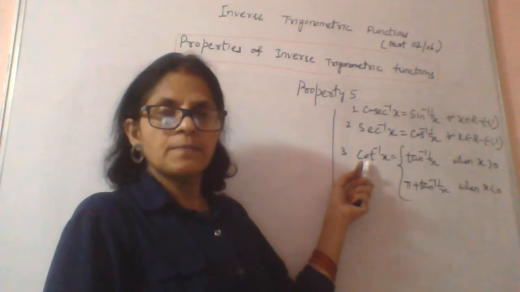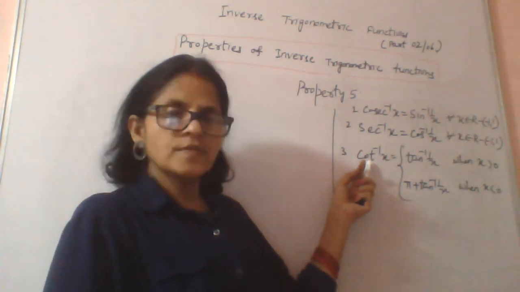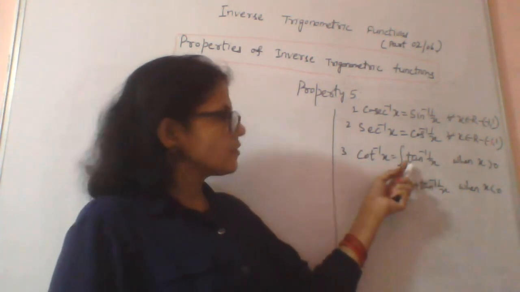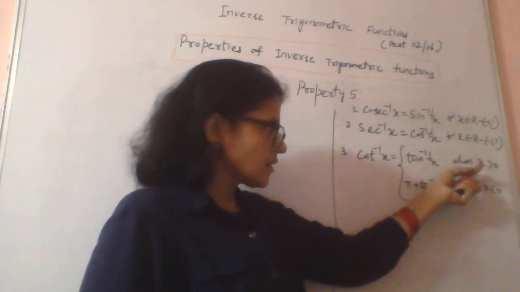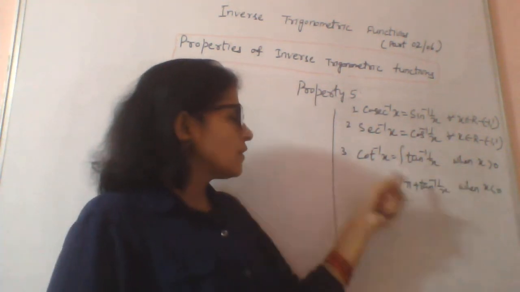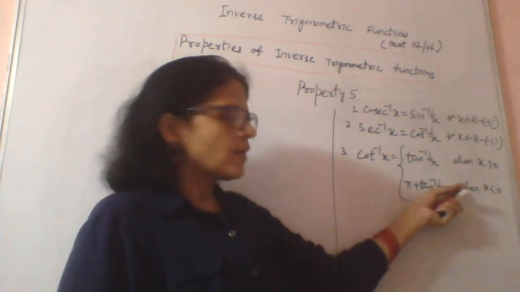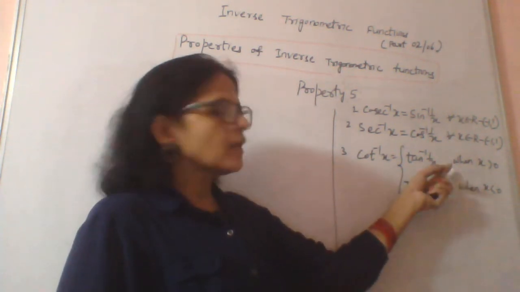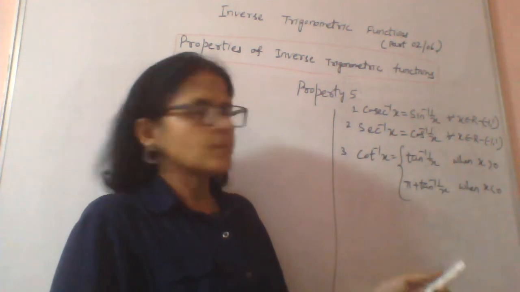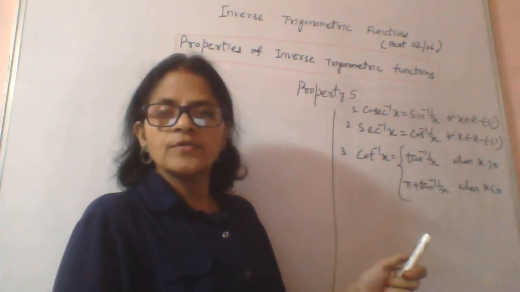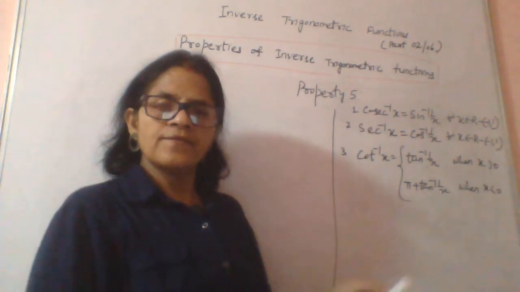And third part is cot inverse x equal to tan inverse 1 by x when x greater than 0, and it is pi plus tan inverse 1 by x when x less than 0. Here x cannot be 0, right? Because if x equal to 0, cot x is not defined.